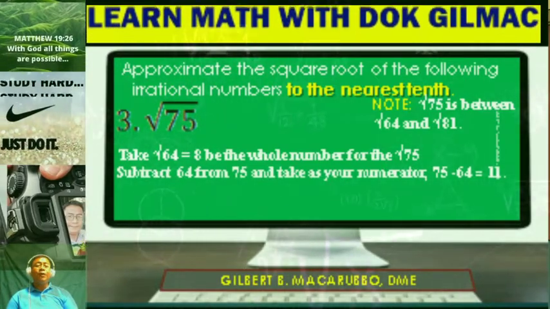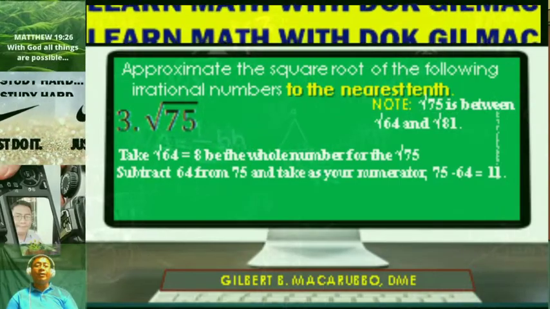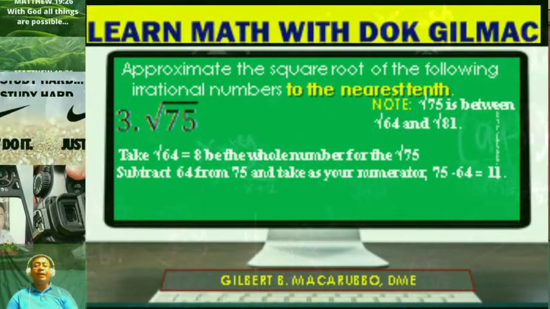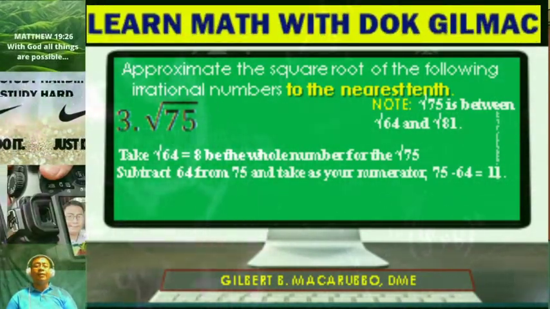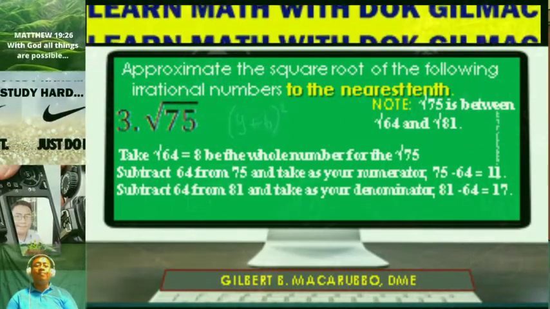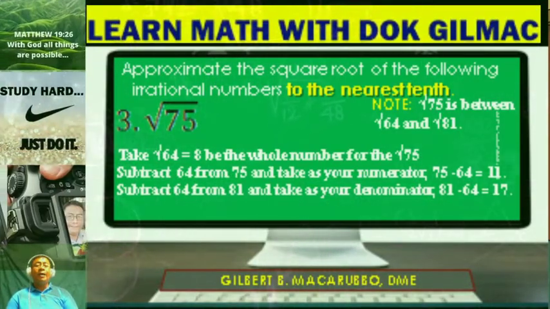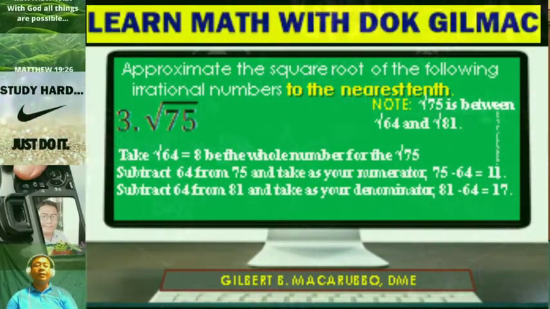Subtract 64 from 75 and take as your numerator. 75 minus 64 is equal to 11. Subtract 64 from 81 and take as your denominator. 81 minus 64 equals 17.